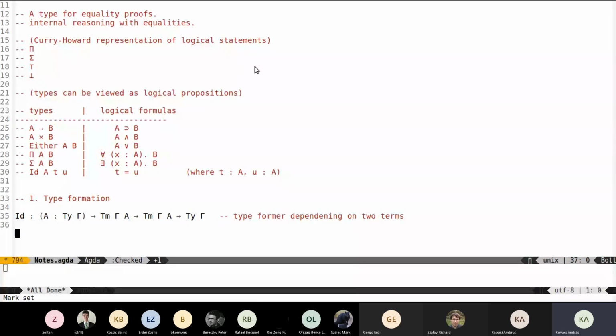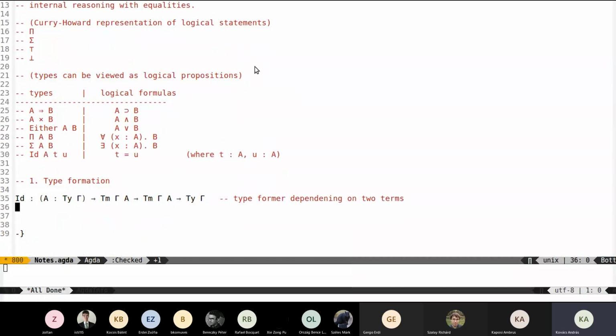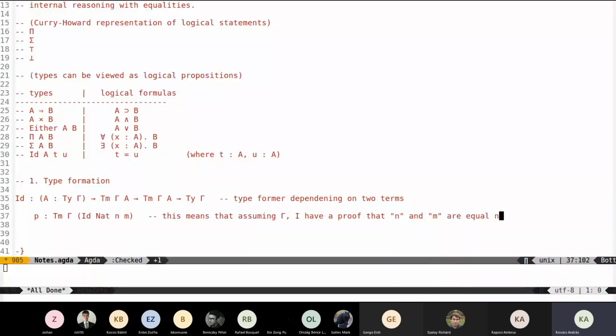And if I write something like Id of n and m, then if I have a p which has, for example, a type Tm Γ (Id n m), then logically this means that assuming Γ, I have a proof that n and m are equal numbers.